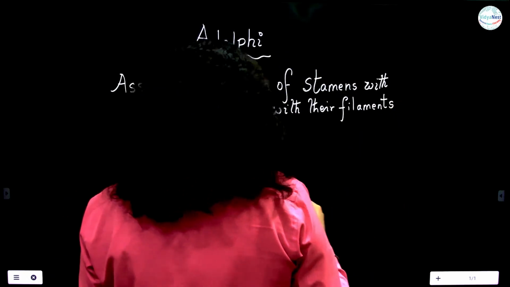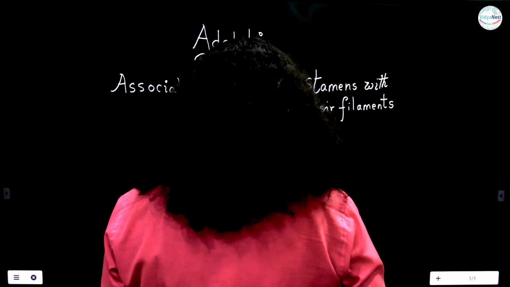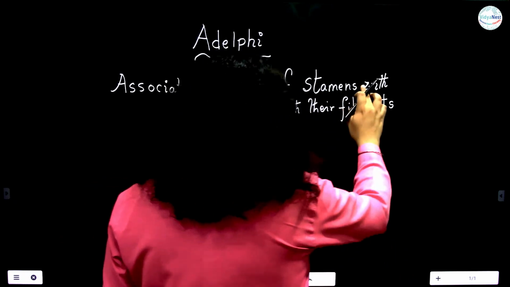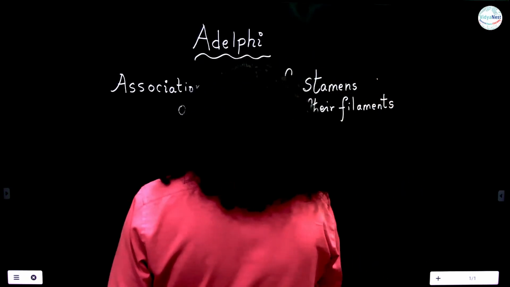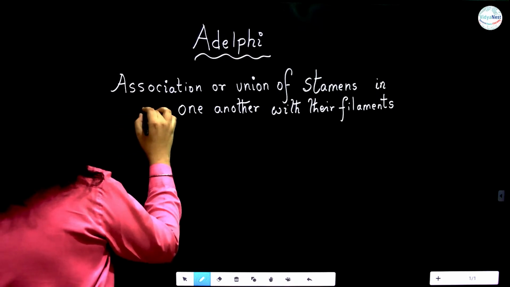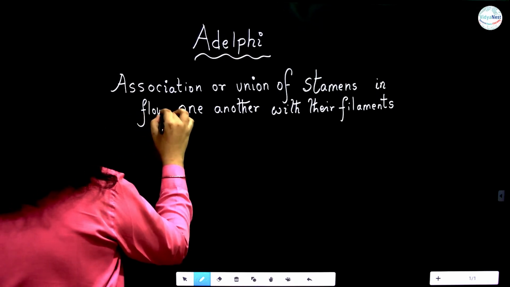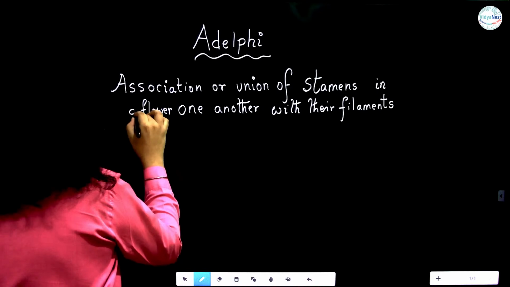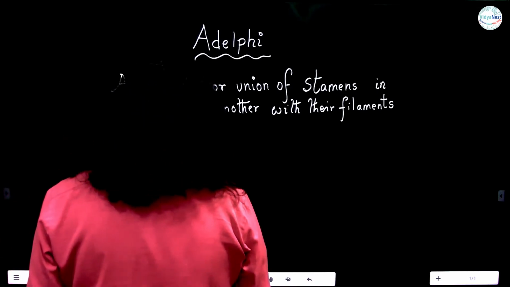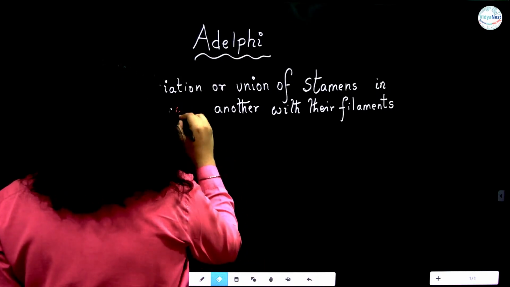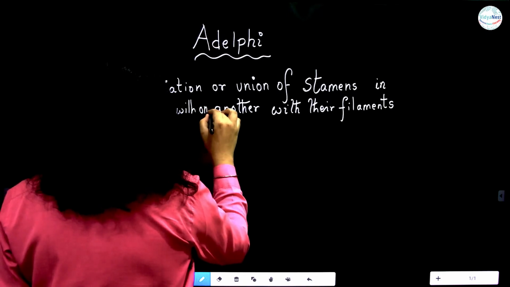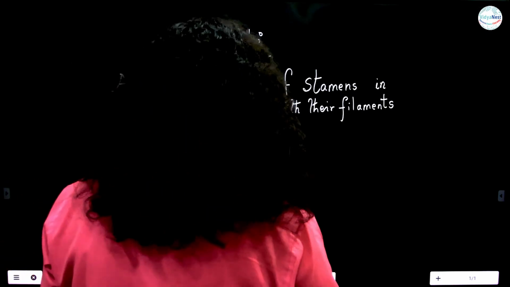That means union of stamens with one another, stamens in a particular flower, with their filaments only.